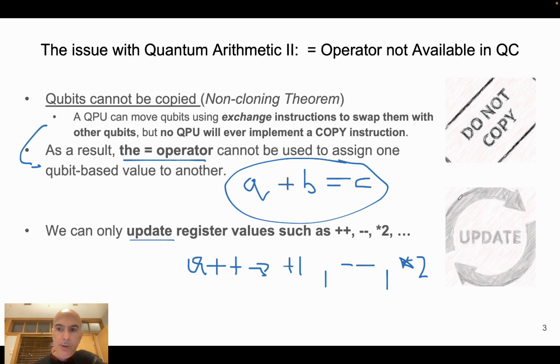So an important point is that we cannot copy, so the assignment operator cannot be used in quantum computing, and all the arithmetics that we actually implement are updates. So increment, decrement, multiply by the same value, the values of a quantum register.